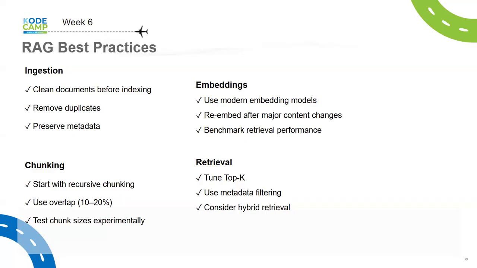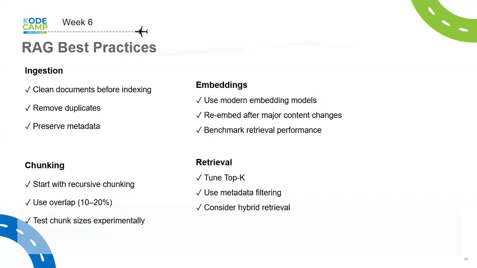Use overlap as much as possible, 10 to 20% of the chunk size. The overlap allows continuity between the chunks so that a chunk can connect to the previous chunk before it, right? So that improves the context when you do retrieval.